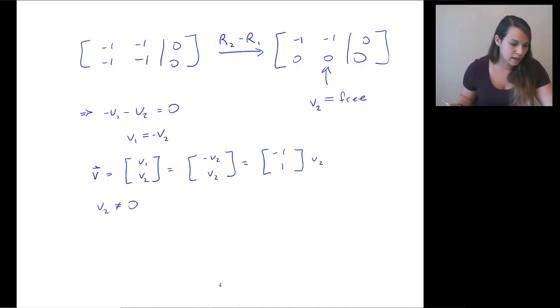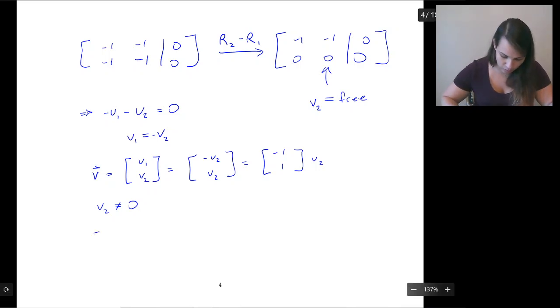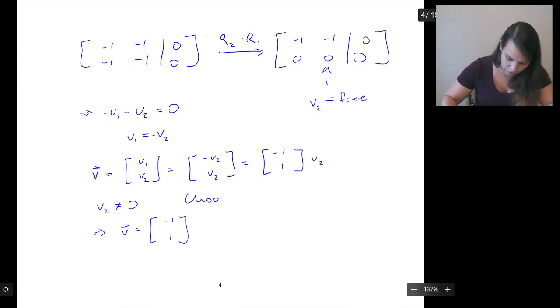I said that I just wanted to find an eigenvector, and in general, you're only going to want one eigenvector. So then we can say that v equals, here, I'll choose v2 equal to 1. We like 1.